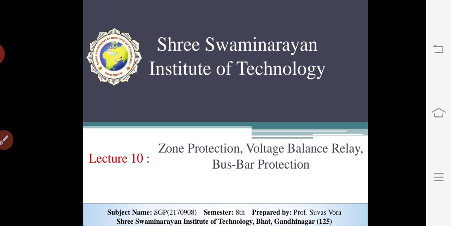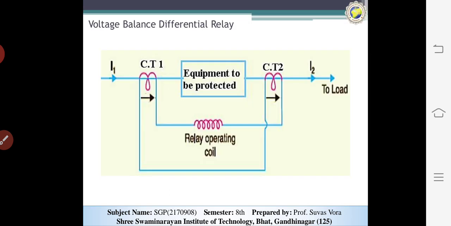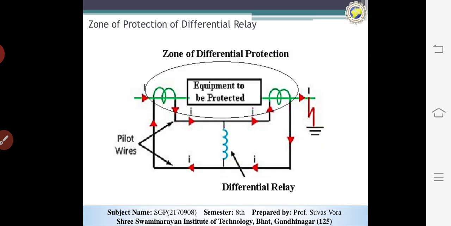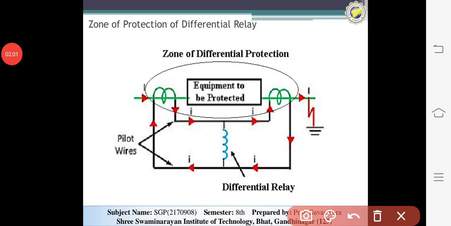In the previous topic we saw how the differential protection system is applied in zone protection systems. Consider that the fault is located here. This is an external fault, which arises when the fault is outside the zone of protection.